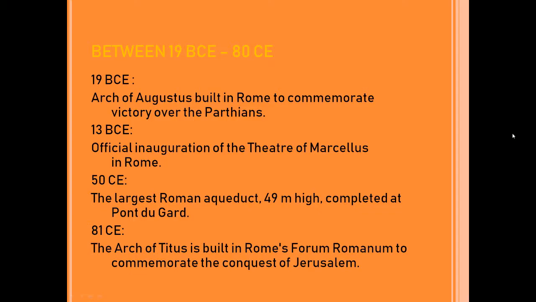It wasn't really a building, I just thought it was an important thing to be included. And then in 50 CE, the largest Roman aqueduct, 49 meters high, was completed at Pont du Gard. And then in 81 CE, the Arch of Titus was built in Rome's Forum Romanum to commemorate the conquest of Jerusalem.